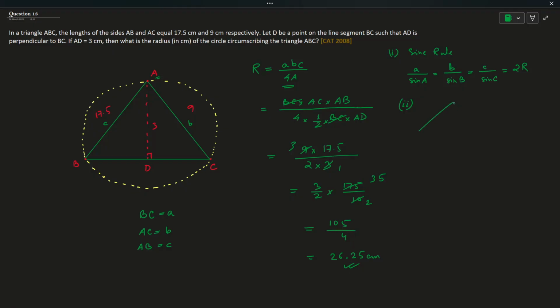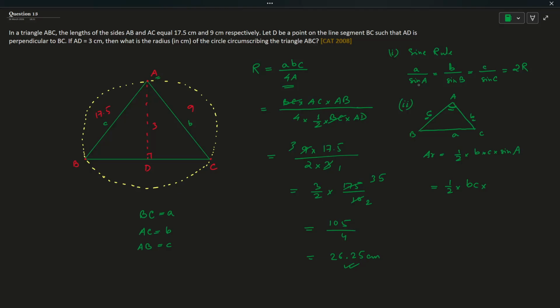Suppose this is a triangle, let's say A, B, C. This is small b, small c, this is small a. This angle is A. The area of this triangle will be given by half into B into C into sine of angle A. This angle is the included angle between the sides B and C. So half into BC, I will keep it like that.